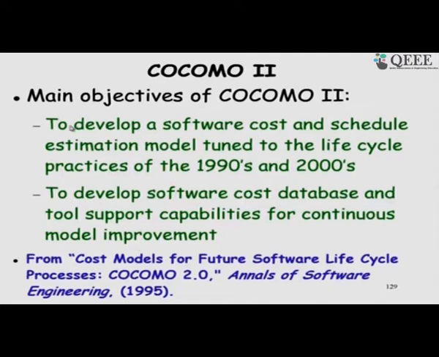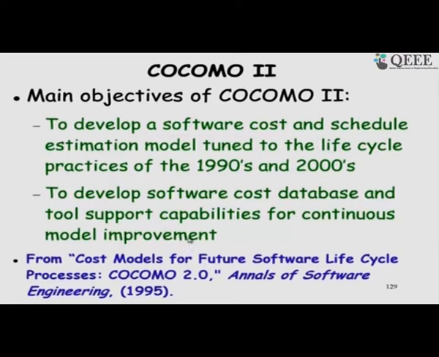He mentioned that we need to develop COCOMO 2 to have a model for cost and schedule estimation, to incorporate the effect of the different life cycle practices being used, and to develop software cost databases and tool support capabilities for continuous model improvement.